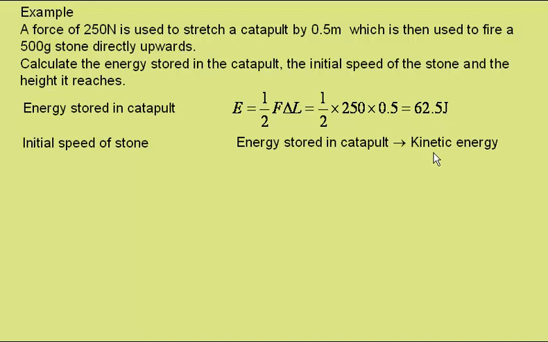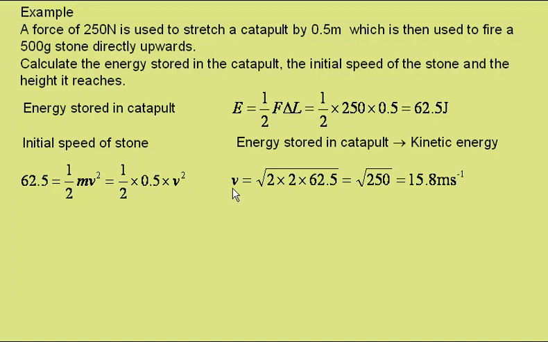Therefore the initial kinetic energy of the stone will be 62.5 joules, meaning we can write 62.5 is equal to half mv squared, which is equal to half times 0.5, the mass, which must be in kilograms, times the speed squared. Rearranging, we get that the speed is the square root of 2 multiplied by 2 multiplied by 62.5, which is the square root of 250, or 15.8 meters per second. This seems a reasonable speed.